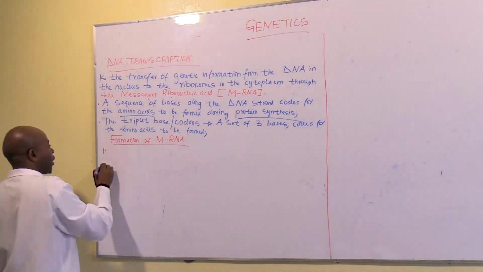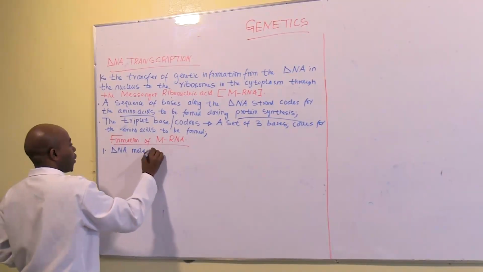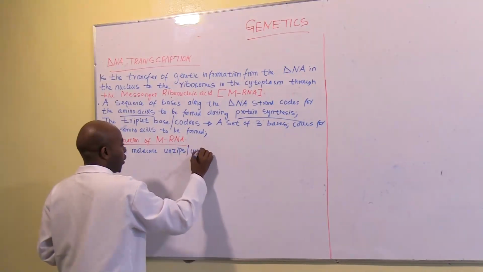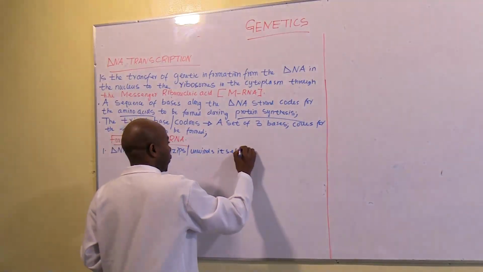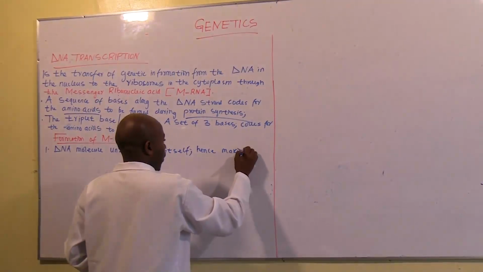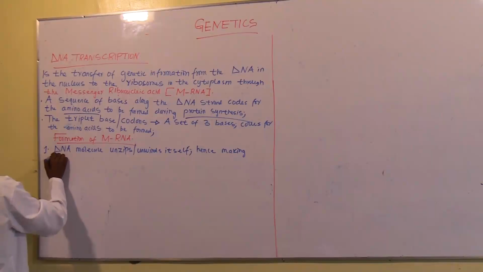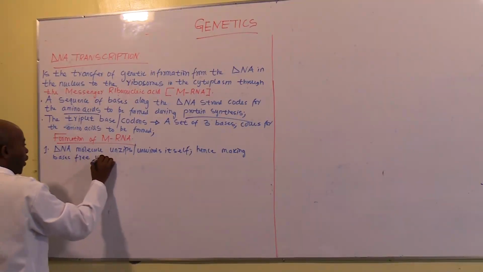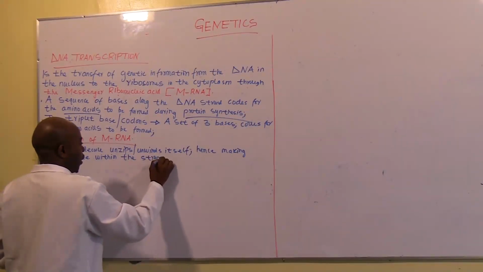Number 1, the DNA molecule unzips or unwinds itself, hence making the bases free within the strand.